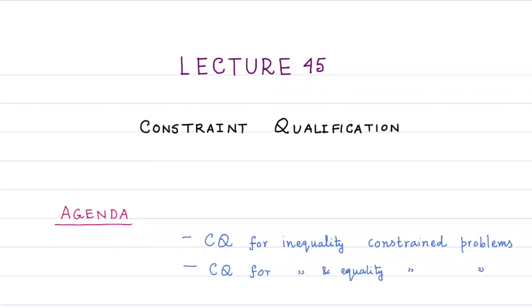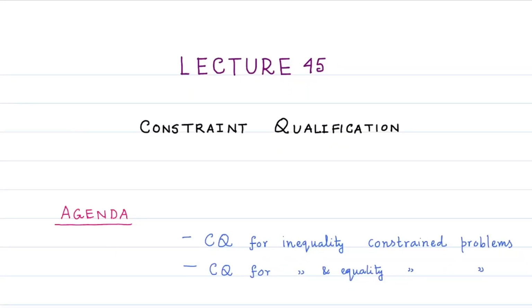Instead of this Guignard constraint qualification, there are several other regularity conditions also, satisfying which a local minimum point must be a KKT point. In this lecture, we are going to detail and interrelate several regularity conditions or constraint qualifications satisfying which a local minimum point for a constraint optimization problem must be a KKT point.